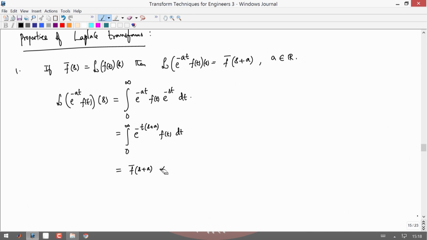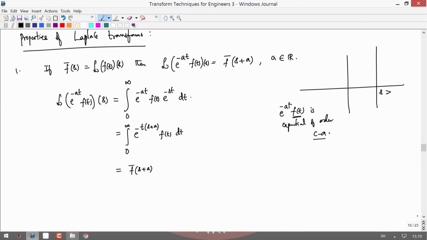If a is a complex number, then look at the function e power minus a t times f of t, which is of exponential order, say c minus a.